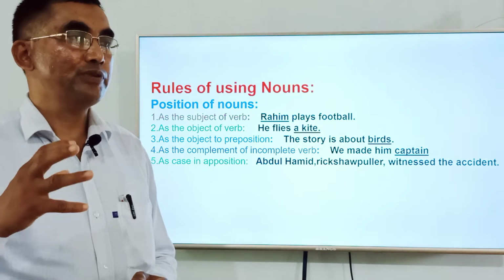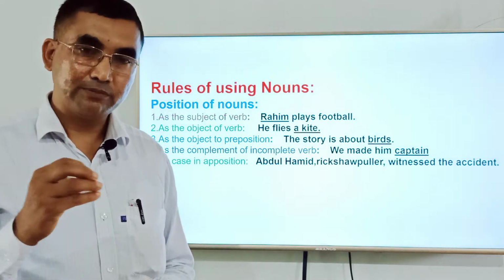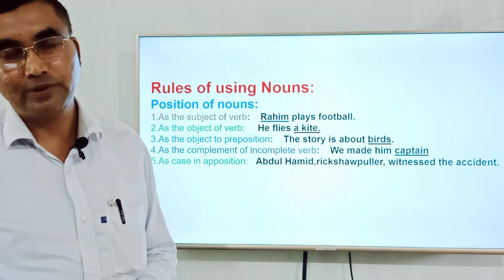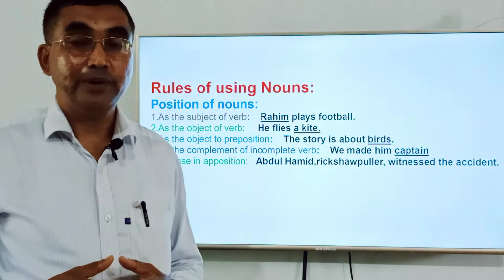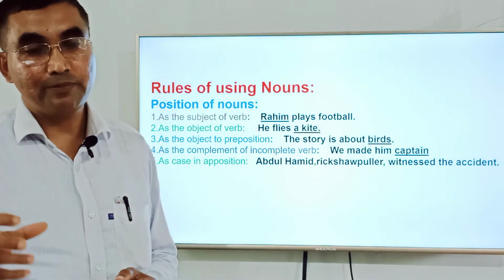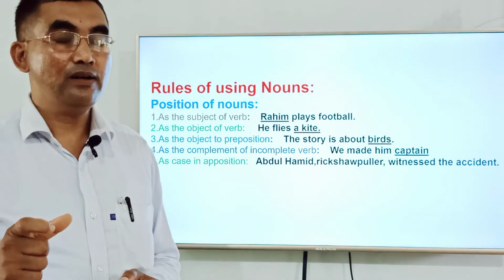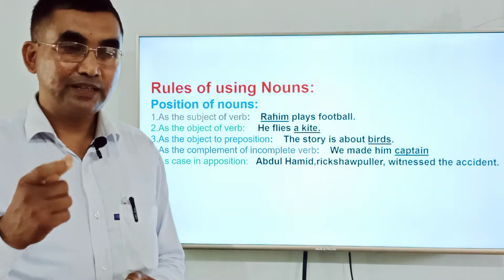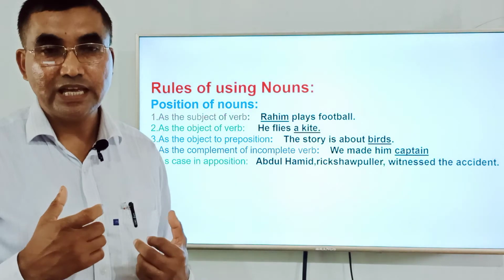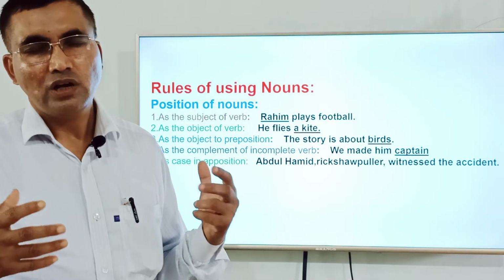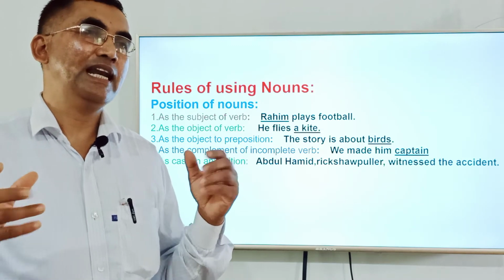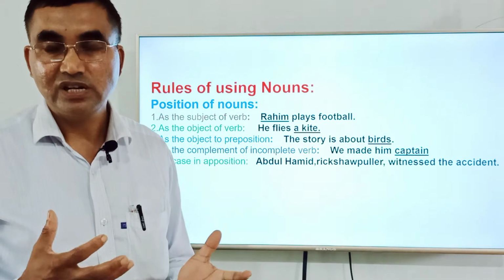The complement which helps in clarifying the meaning of the subject in a sentence is the subject complement, as in the example he is Rohim. Here, Rohim is the subject complement because Rohim has helped in clarifying the meaning of the subject word he. If we just say he is, the sentence is not complete because there is something lacking in the meaning of the subject word he.